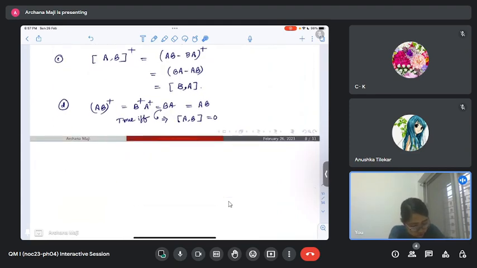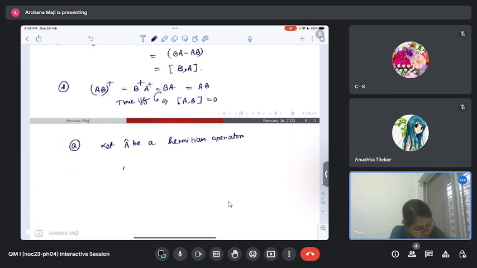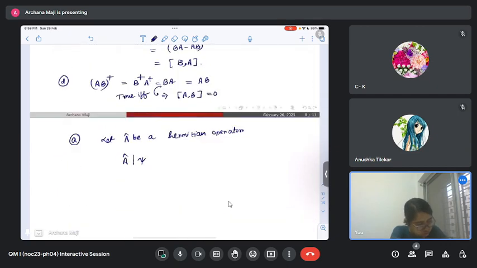So let's consider, let A be a Hermitian operator, and consider psi to be its eigenvector with eigenvalue a.